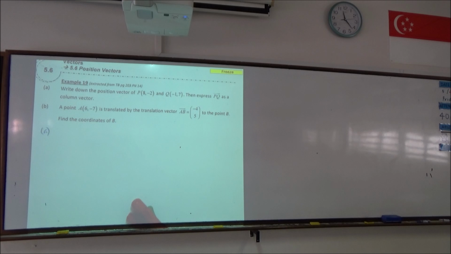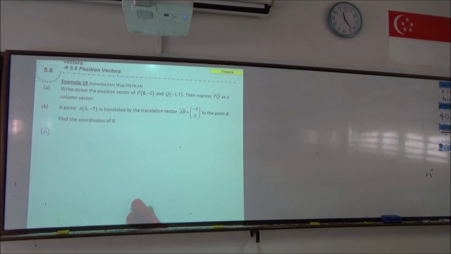I'm just trying to emphasize that it's using the direction. So it's not the resultant of these two vectors. It's always from O. This one you cannot draw, but this is just to find out.